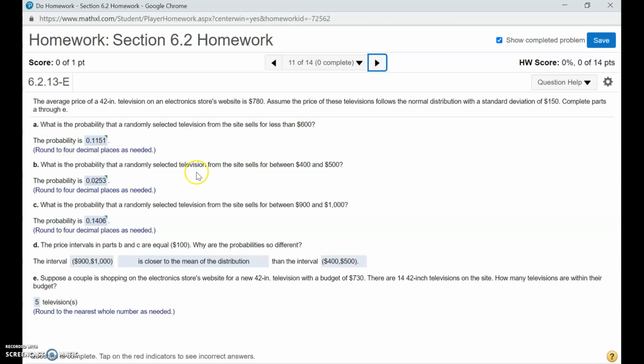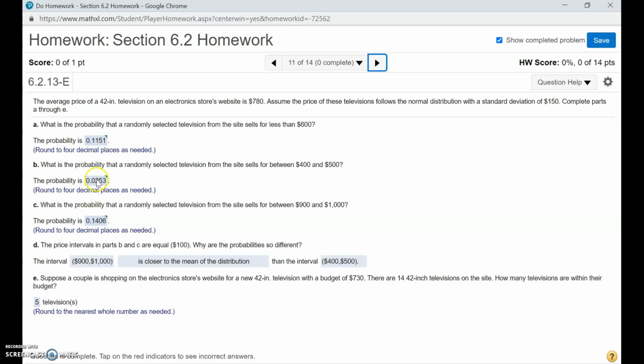Okay, question 11. We have an interval here. I'm not going to go through all of this, but part D asks: the price intervals in parts B and C are equal intervals. In other words, 400 and 500 is an interval of 100, and 900 and 1,000 is an interval of 100. But why are the probabilities so different?